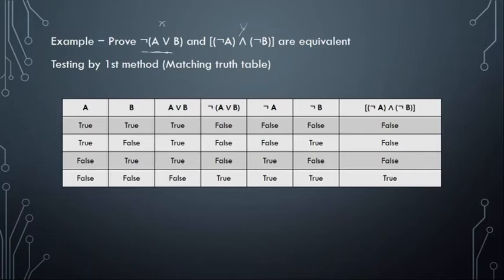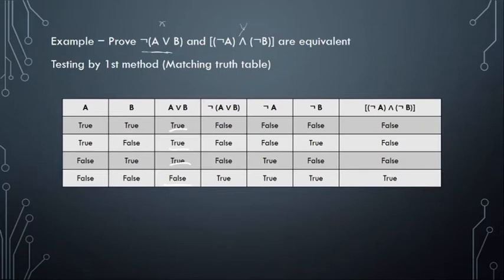So A or B: true or true returns true. Then true or false is true again, false or true is true again, then false or false is false.